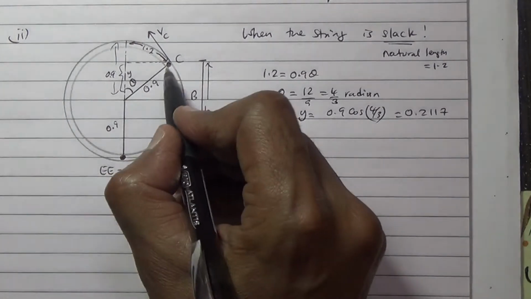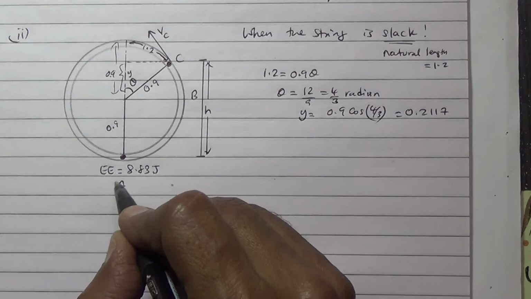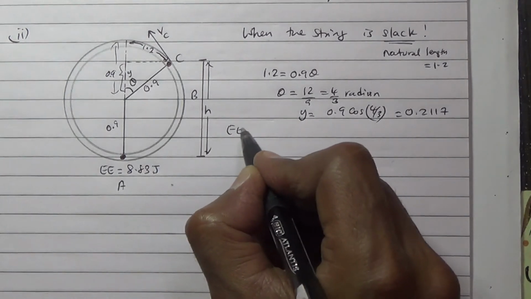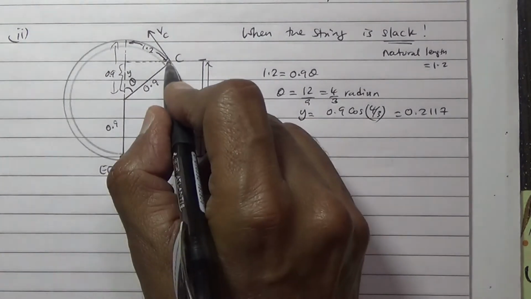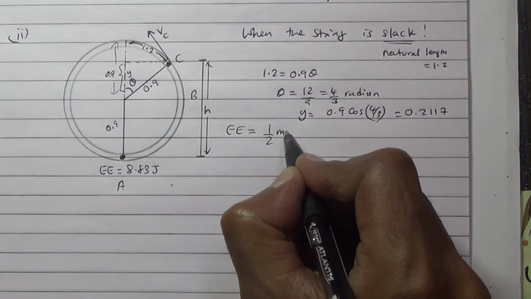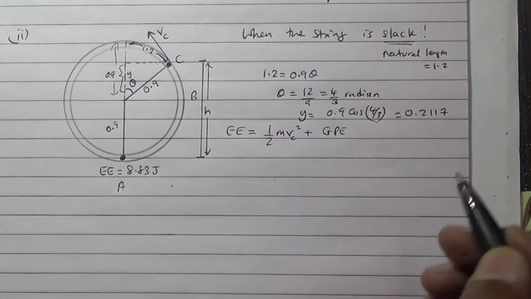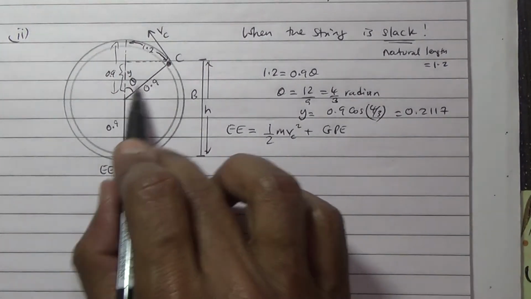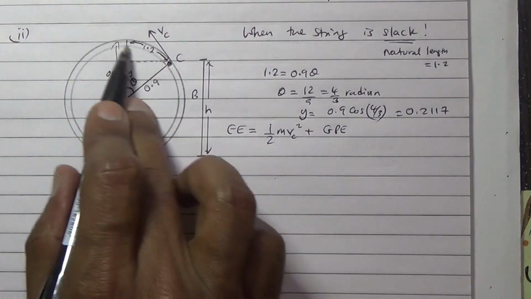Now I can find the total energy here using the principle of energy conservation. The initial elastic energy is equal to the kinetic energy, half m vC squared, plus the gravitational potential energy. We don't have any elastic energy anymore. Why? Because the string is at its natural length now.